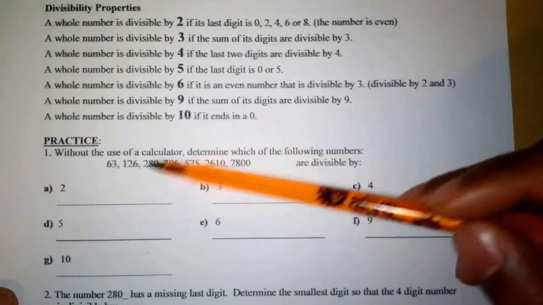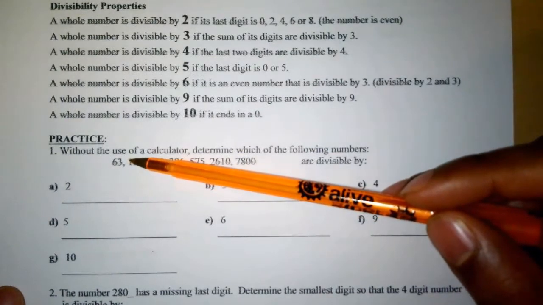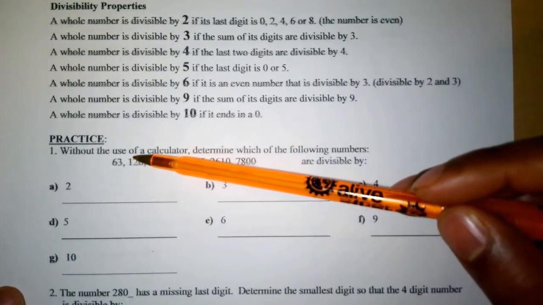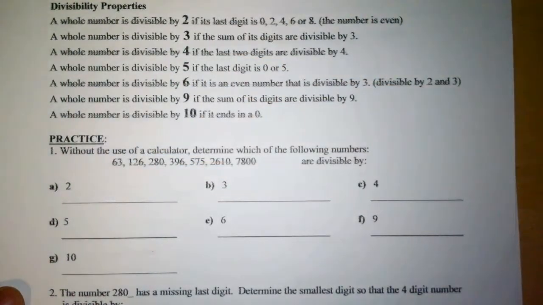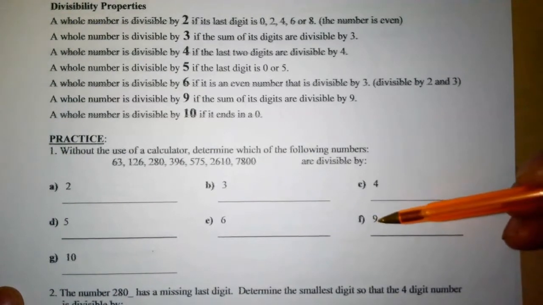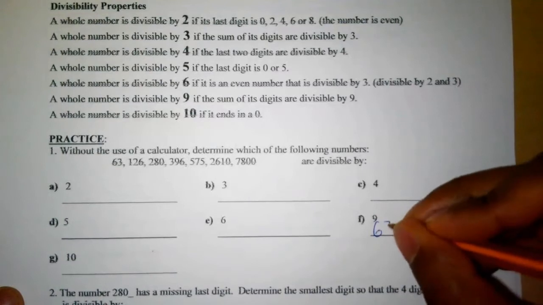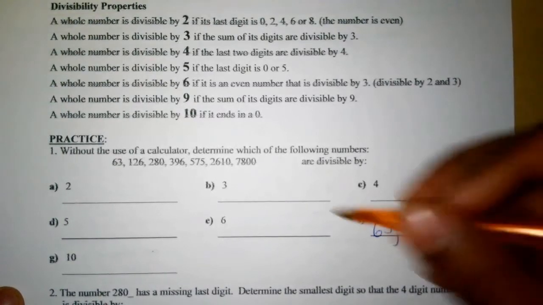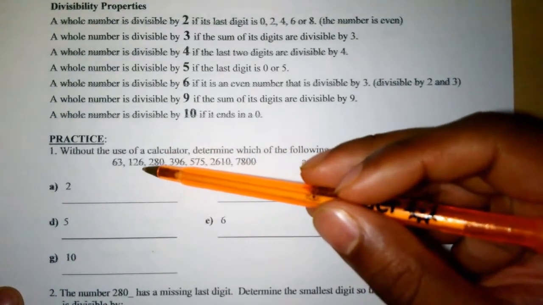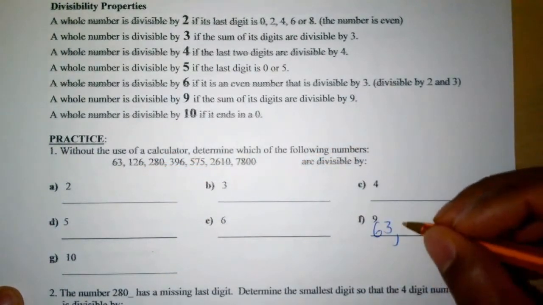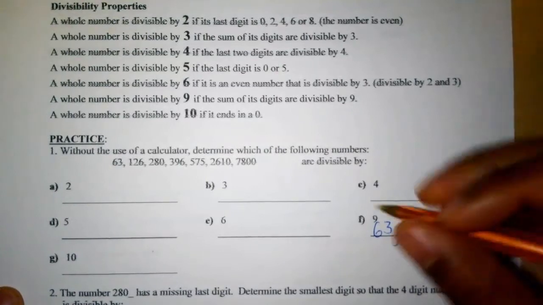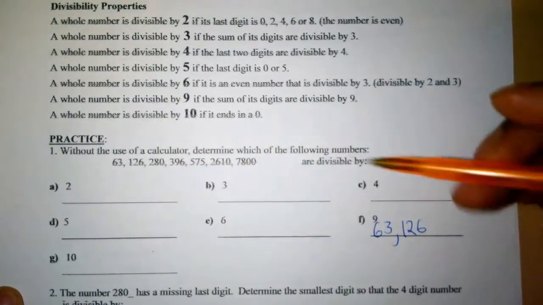For example, let's do this one, 63. 6 plus 3 is 9, and 9 is divisible by 9, so you already know that 63 is going to go in this list, right? And then I just go down here, for example 126, 1 plus 2 is 3, plus 6 is 9, so I know 126 is going to be part of the list. And then you can keep going through them, just doing the same thing.